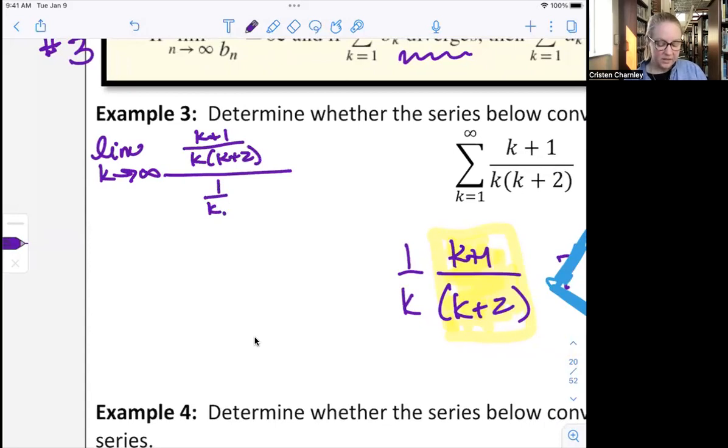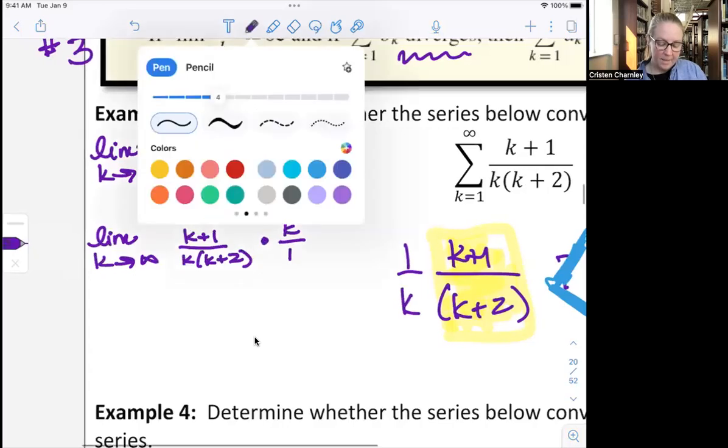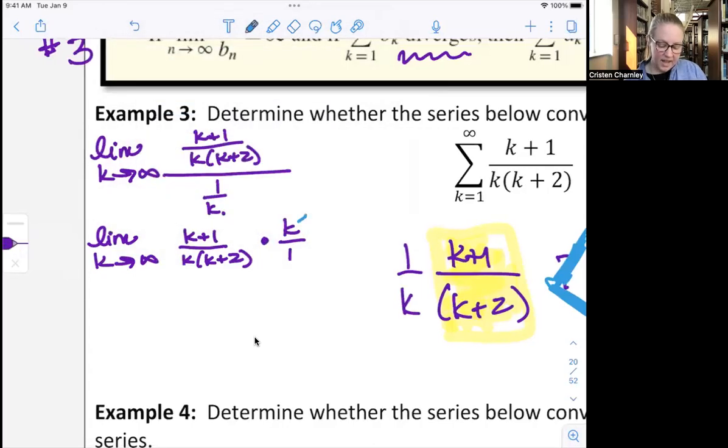So how do we clean this up? You're going to multiply by the reciprocal. So I've got (k plus 1) over k times (k plus 2), times k over 1. What happens next? This k in the numerator cancels with this k. And now if I put infinity in, this is infinity over infinity, but L'Hopital tells me I get a 1.